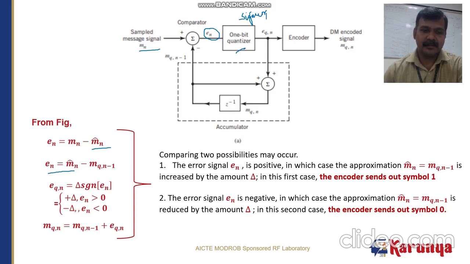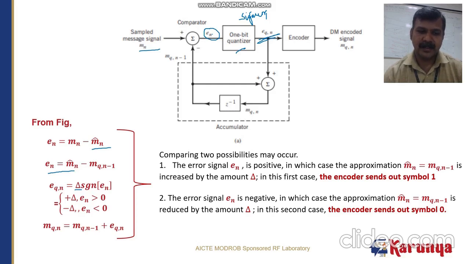Every e[n] sample which is fed to the single bit quantizer will give us e suffix q comma n, which is equal to del, which is basically the step size, times sgn, the signum function of e[n], which is the input right here. So eq of n can be written as del sgn of e[n].